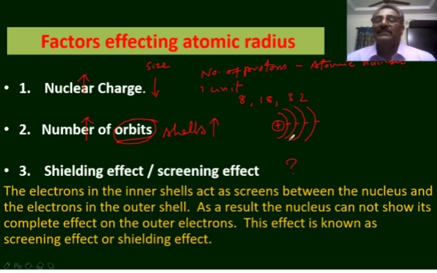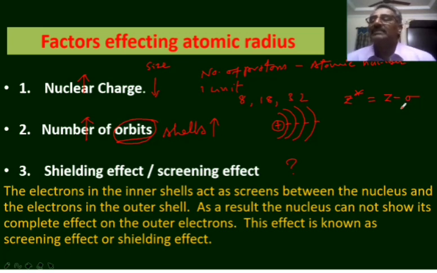The more the number of inner shells, the more will be the screening effect. If screening effect is more, effective nuclear charge will be less. If Z is the nuclear charge, Z star is the effective nuclear charge. Z star is equal to Z minus a constant value, that is screening constant known as sigma.